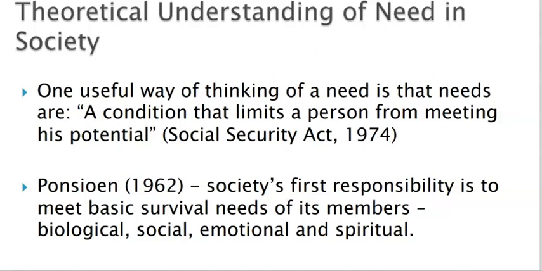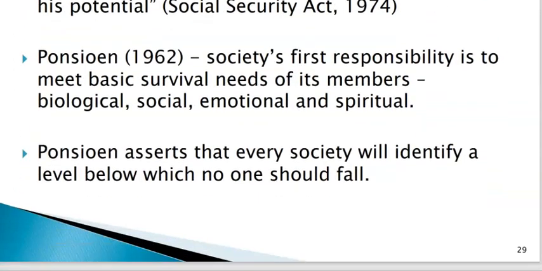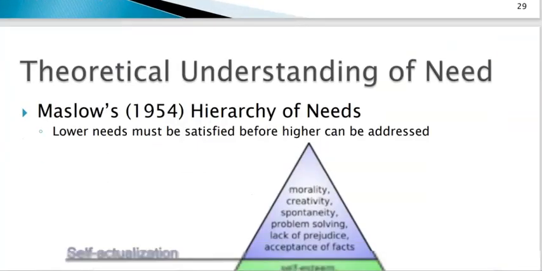Poncion in 1962 said the society's first responsibility is to meet basic survival needs of its members: biological, social, emotional, and spiritual. That person also asserts that every society will identify a level below which no one should fall.